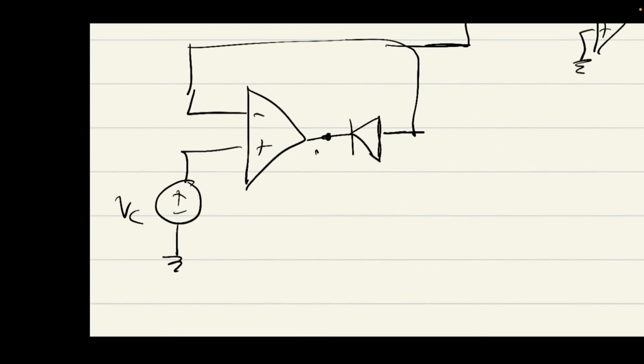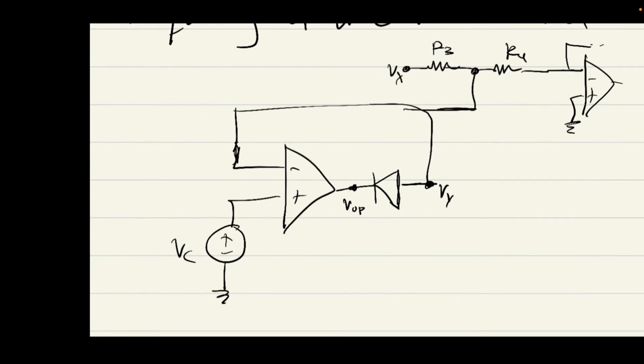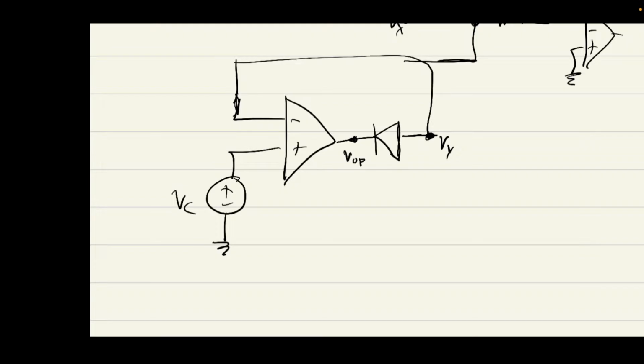I'm going to denote this as V op for operational amplifier voltage. And I'll denote this as Vy because it is actually just Vy. Now let's consider this: V plus minus V minus is the difference at the input, and we know that V op is going to be some factor of this.